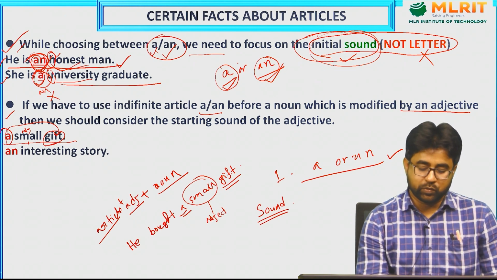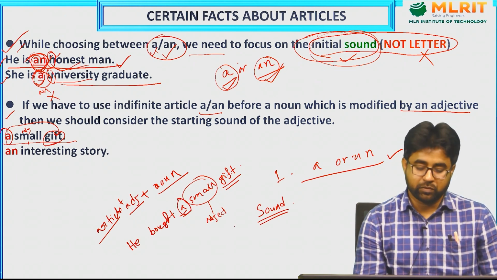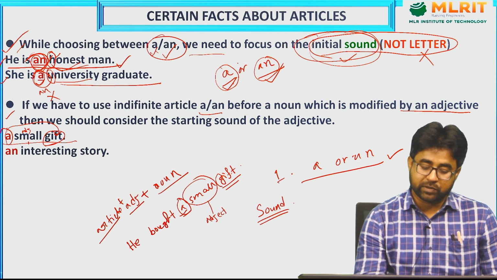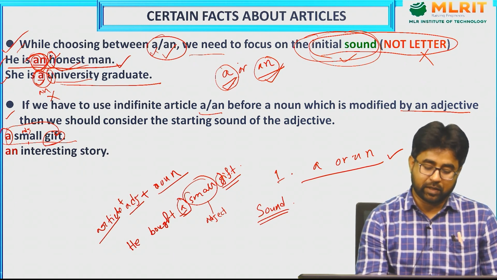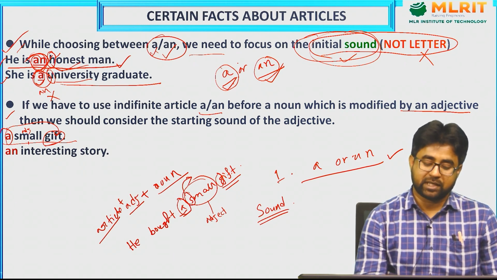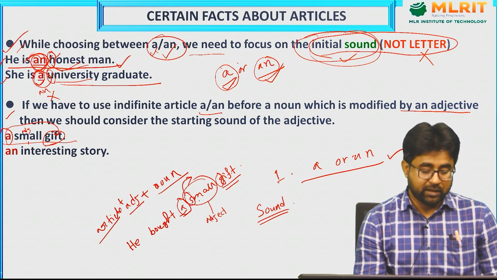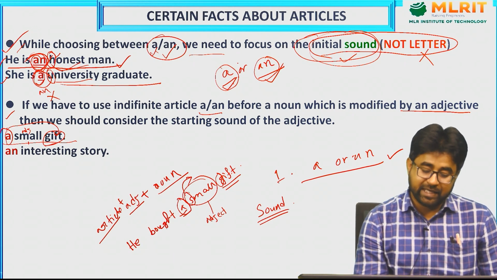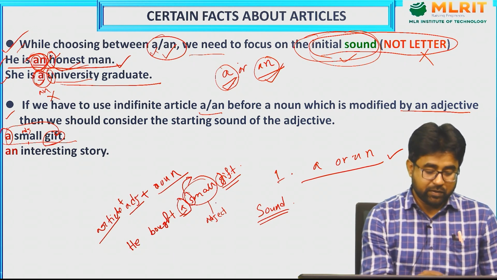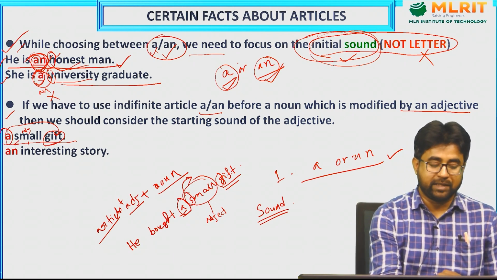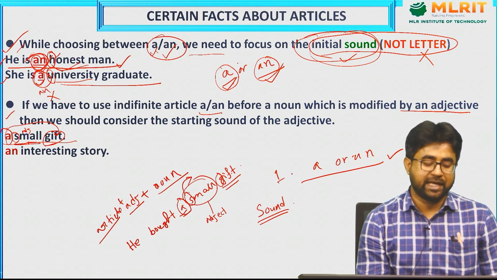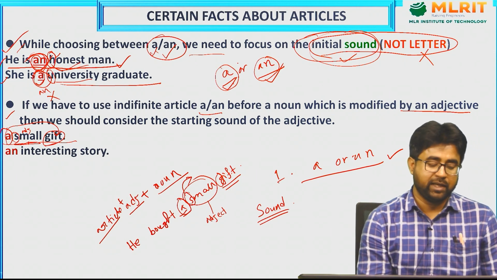So while choosing "a" or "an", you don't need to focus on the sound of the noun. In that case, you have to focus on the initial sound of the adjective that is coming in between, right? So be clear. You have to check the initial sound of this particular adjective. If it is a vowel, you should be using "an". If it is a consonant, you should be using "a".